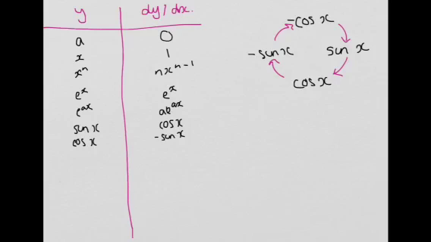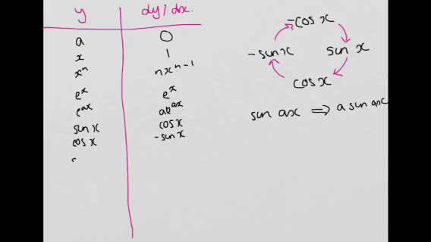And I can actually take this a little bit further, because if I actually have the sine of ax, that is going to become just the same kind of example as I had with e to the x and e to the ax.